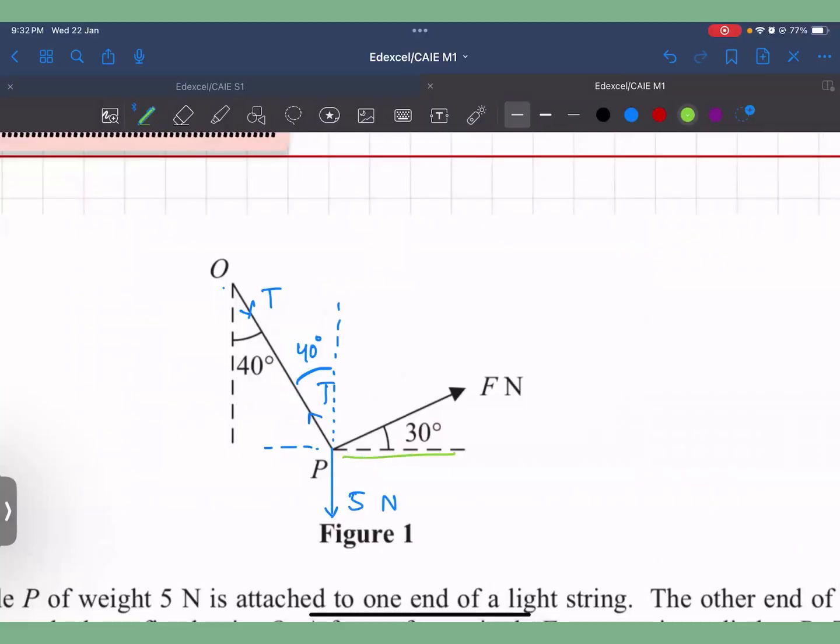So this would be F cos 30, and this one would be F sin 30. The component adjacent to the angle is always your cos. So for this one, this would be tension T cos 40, because this component is adjacent to the angle, and this is opposite to the angle, so this would be T sin 40.